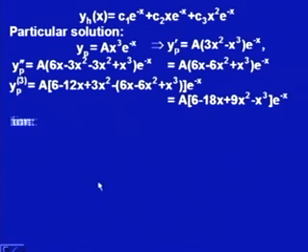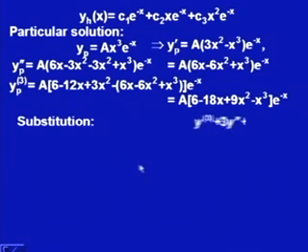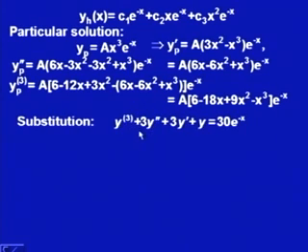Now, the given non-homogeneous equation is y triple dash plus 3y double dash plus 3y dash plus y equal to 30 times e to the power minus x. Now, substitute this y_p triple dash, y_p double dash, y_p dash and y_p in this one. So, what will we get?